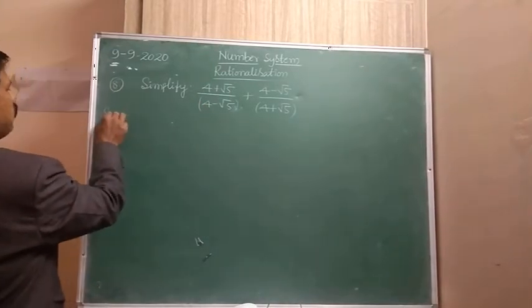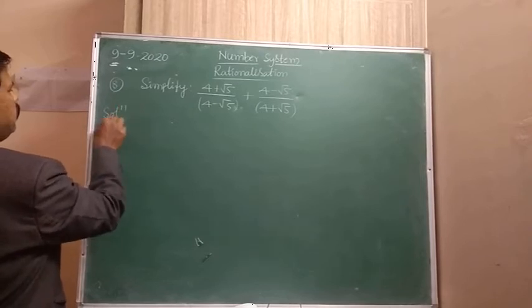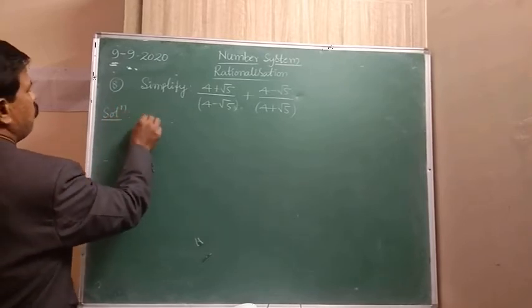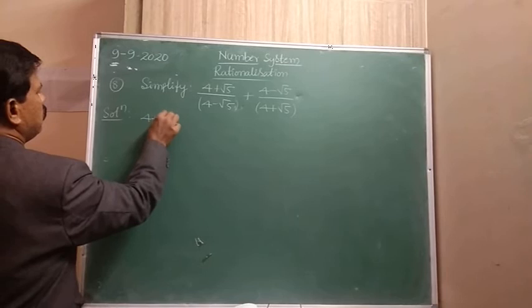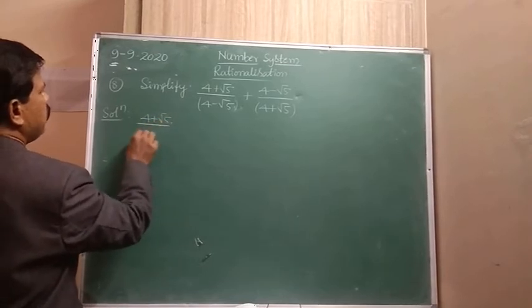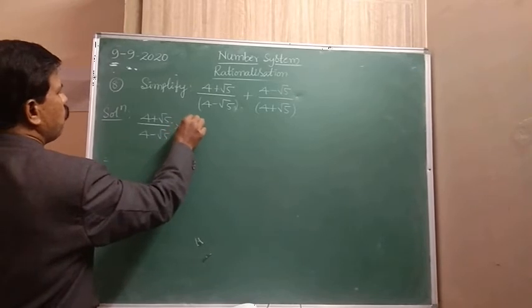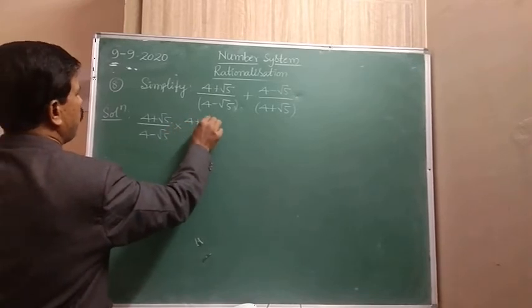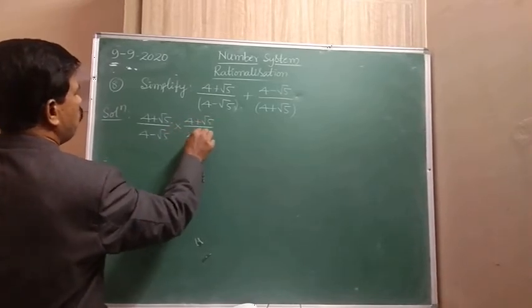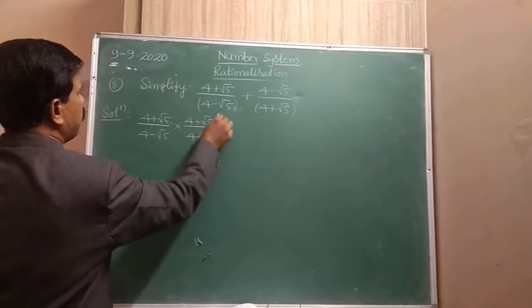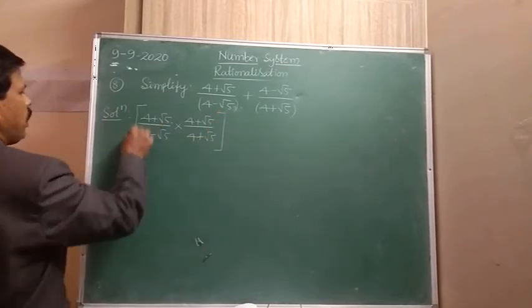Now solution. 4 plus root 5 by 4 minus root 5 into 4 plus root 5 by 4 plus root 5. This is one.